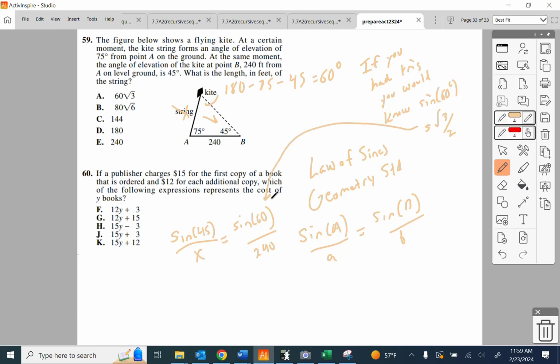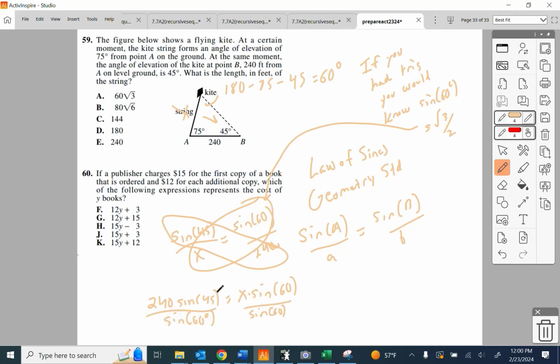But you haven't had it. So what you're going to do is cross multiply. 240 sine of 45 degrees is equal to x sine of 60. And to play the isolation game, you're going to divide out the sine of 60 degrees.